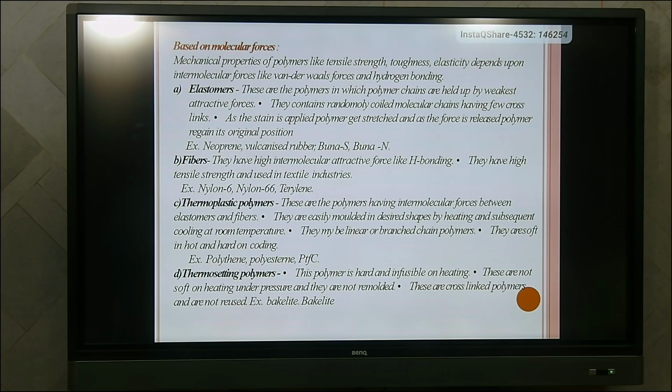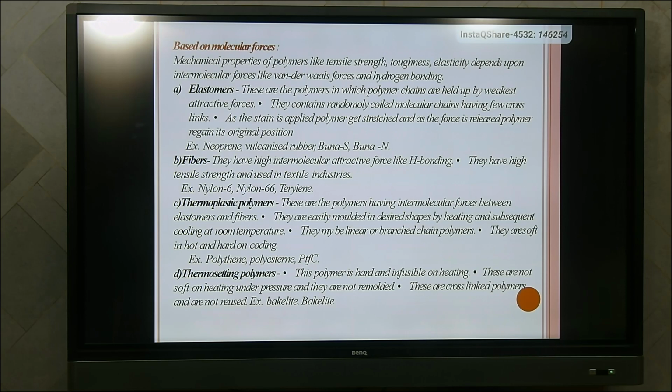Whereas in the case of the thermosetting polymer, if you want to make it into a particular shape, you have to heat it and the particular shape will be attained. If you remove the heat, that polymer will not go back to the initial shape. So that is the striking difference between thermoplastic polymer and thermosetting polymer.